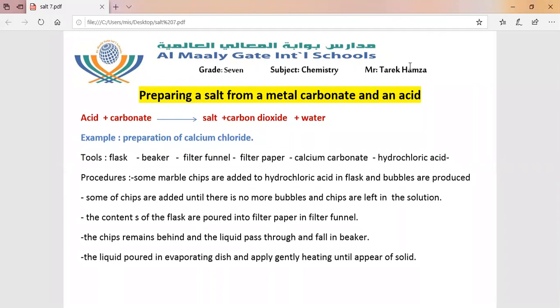Tools: flask, beaker, filter funnel, filter paper, calcium carbonate, and hydrochloric acid. As in the preceding experiment, we do this experiment also. Listen to me. This is a flask again.